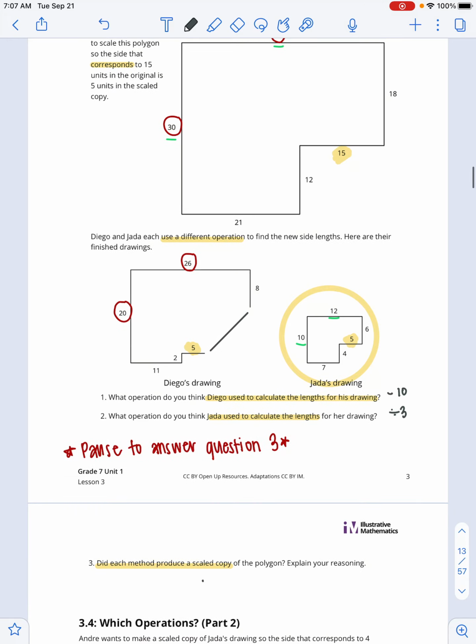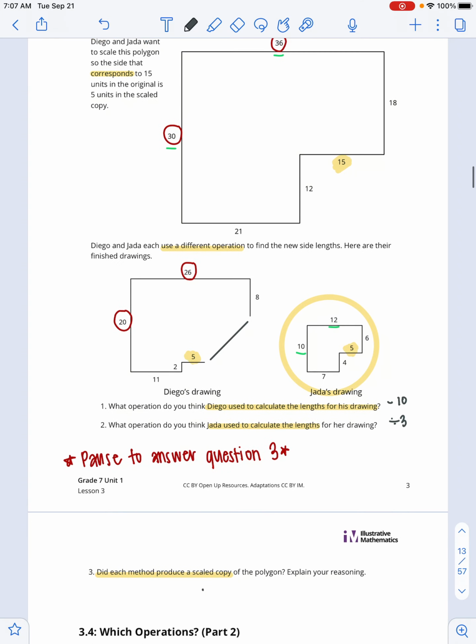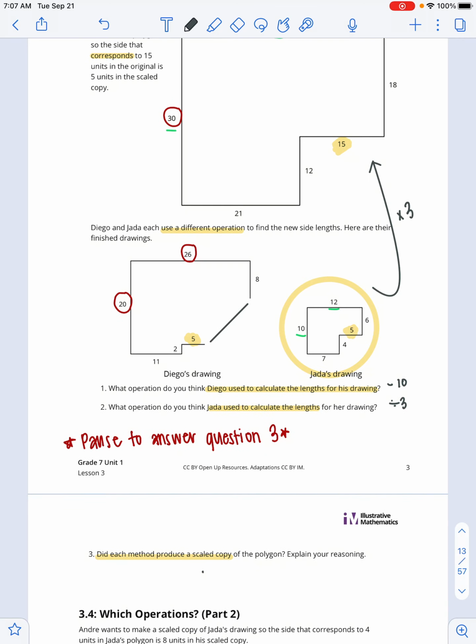We can tell because all of the side lengths in the original can be multiplied by the same thing to produce the scaled copy, times 3, and all of the angles are the same. So let's summarize. 1, Jada's sides times 3 give us the original.